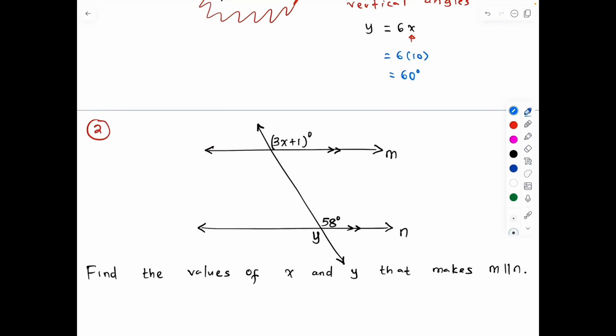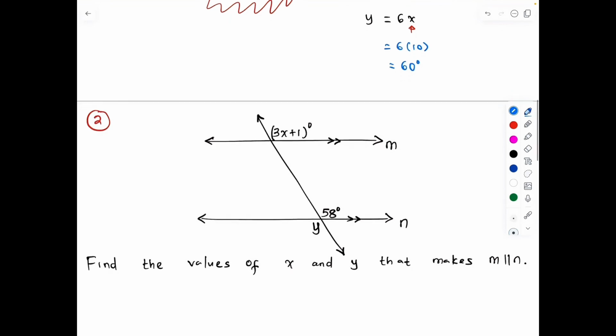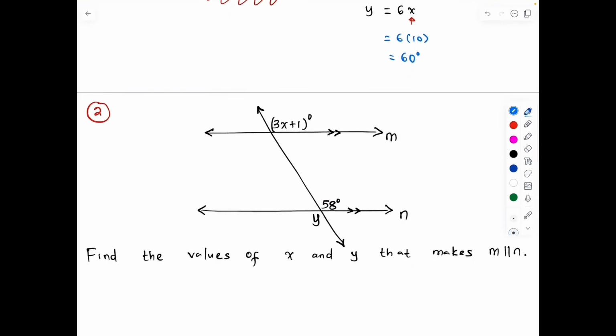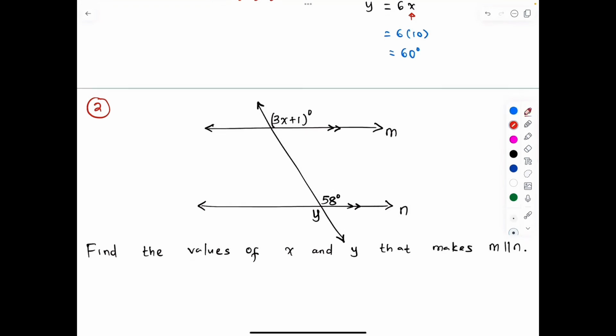So the first thing I have to do is check if I have corresponding angles or vertical angles. The first thing I can see is this angle is outside, and this angle is inside. They are on the same side of that transversal and on the same side of the parallel line.